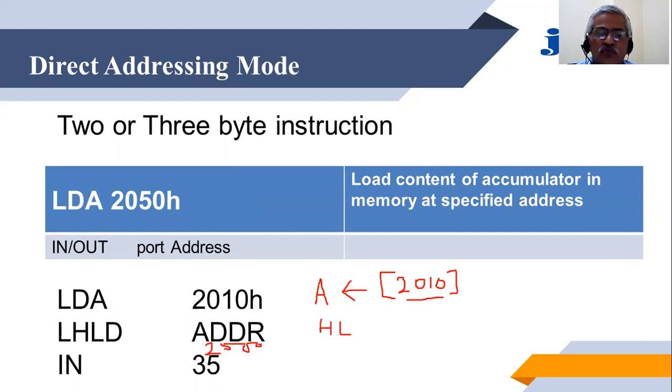Supposing the address is 2500, then from the address 2500 the content will be loaded into L, and from the next address the content will be loaded into H. The third type of instruction is IN 35. The content from port 35 will be loaded into the accumulator, because IN and OUT instructions implicitly refer to the accumulator as one of the operands.